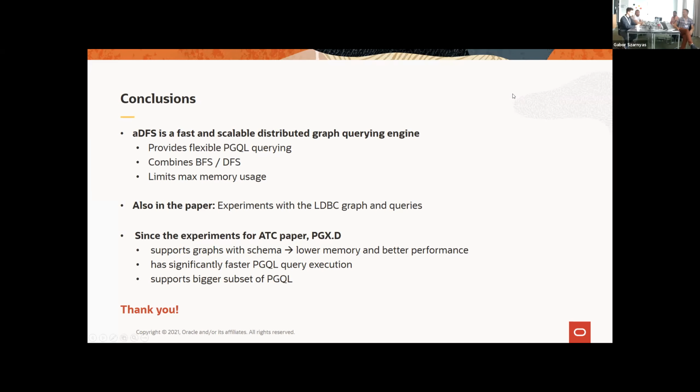Can you sketch how you prove, or how you make sure, that this doesn't deadlock? Because I could imagine that for certain queries naive approaches might have that. Essentially it's a network flow problem. If you guarantee that you can send at least one message from every stage to the next, from any machine to another, then for the last stage of the query you can always complete locally, because it always targets local vertices.